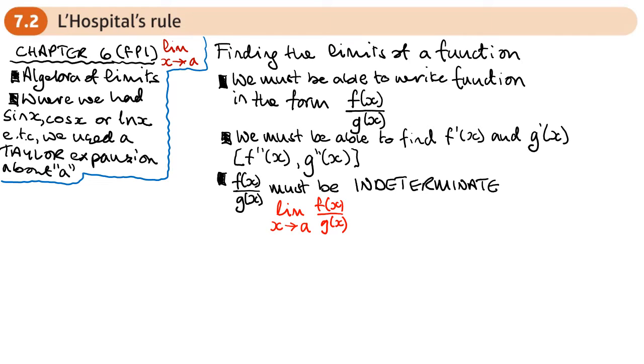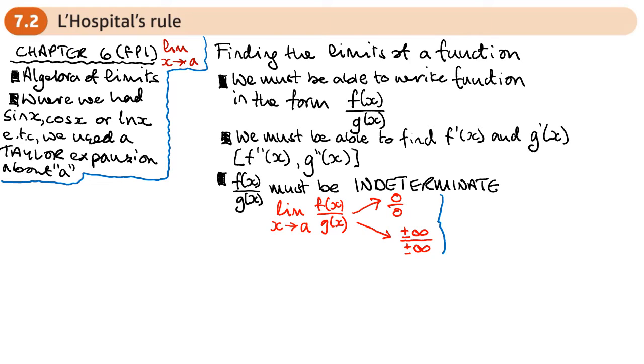It's indeterminate when, if we evaluate that, we get 0 over 0, or what it tends to is positive or negative infinity over positive or negative infinity. Now, there are other indeterminate forms, but these are the two that allow us to apply L'Hopital's rule.